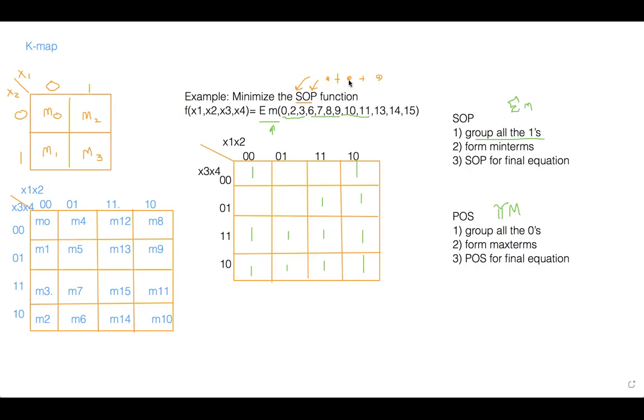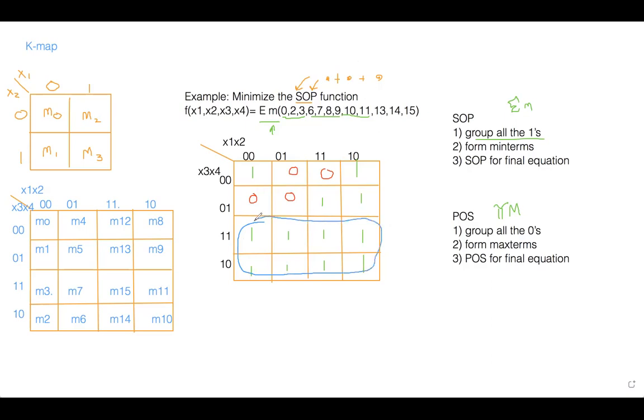What you can do if you want, it's not required, you can put zeros in the empty spots. Some people like to do that, some don't. I don't care. It just takes more time in an exam, so hurry up. Here we have 8. So that's our largest group. We want to start with the largest groups. So we have 8 of these in here.